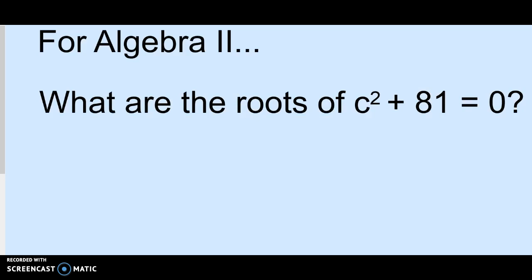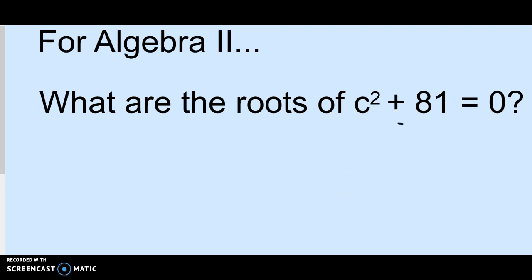All right, so here you go for Algebra 2 students. We're going to find the roots of c squared plus 81 equals 0. All right, you could do this with the quadratic formula, but since there's no b in there, there's no middle term, you can take the square roots.